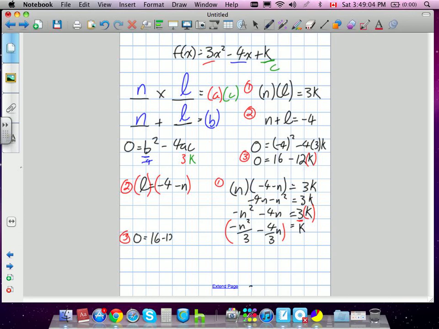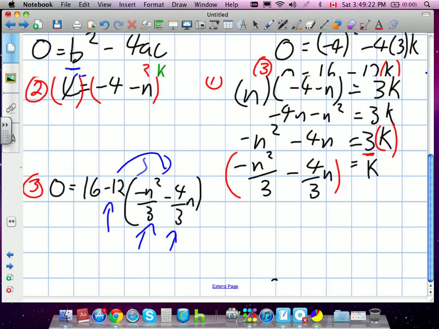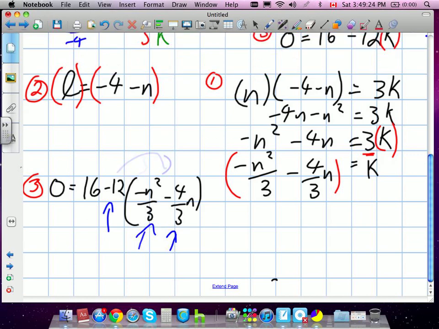So equation 3, we get 0 is equal to 16 subtract 12 times (-n squared divided by 3 minus 4 divided by 3n). Again, we have to work with our distributive property here. Now both of these are negative answers, and we're multiplying by a negative number. Let's zoom in a little so we can see this a little better.